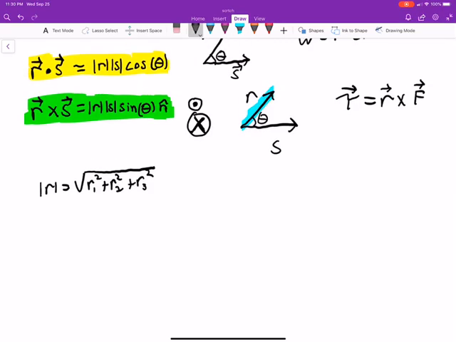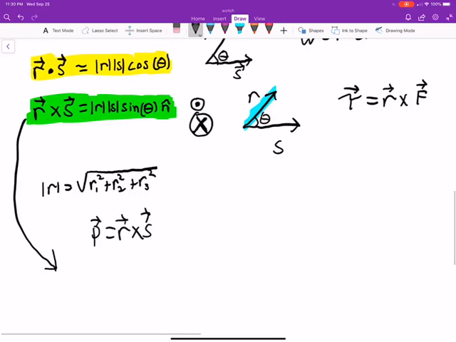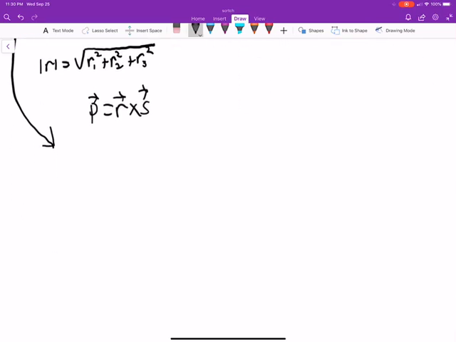One other thing I want to mention about the cross product. With the cross product, let's say we have P equals R cross S. There's two ways to interpret this.